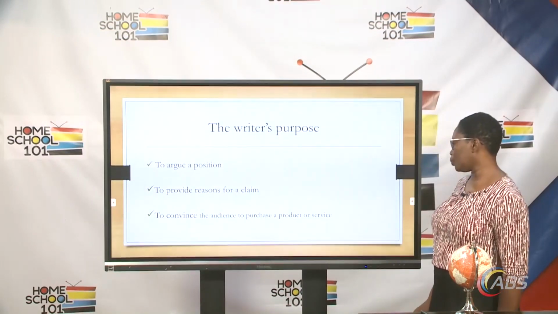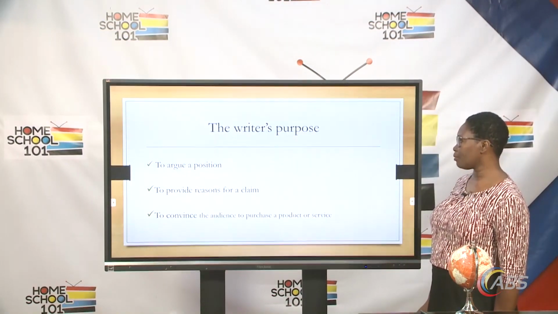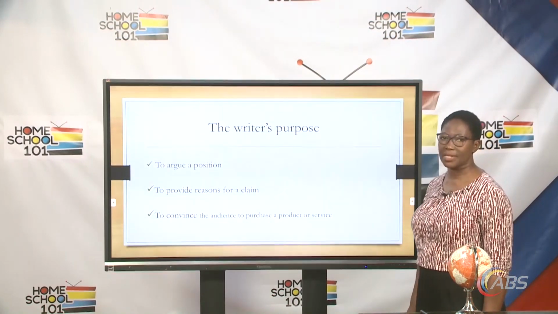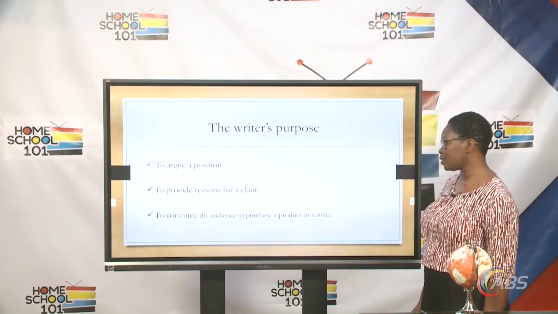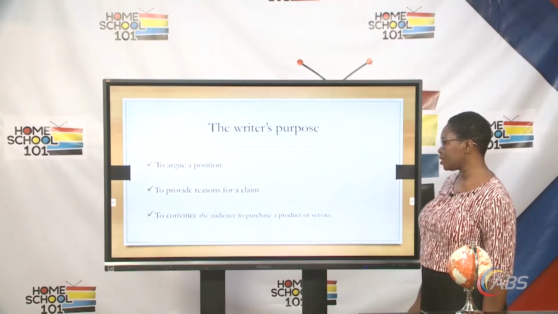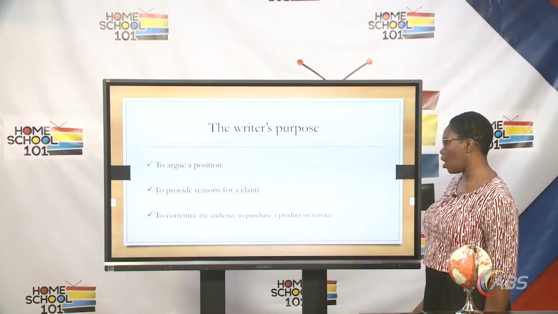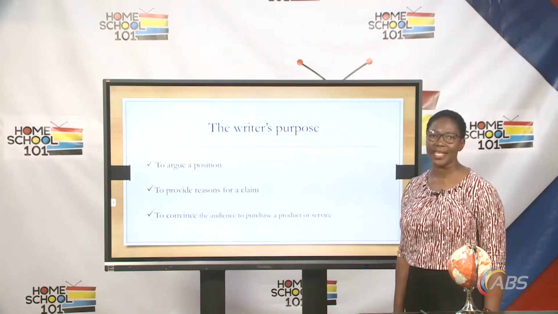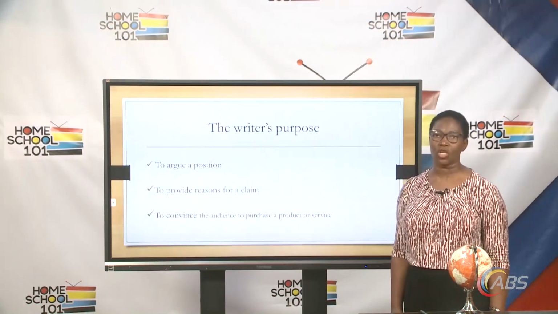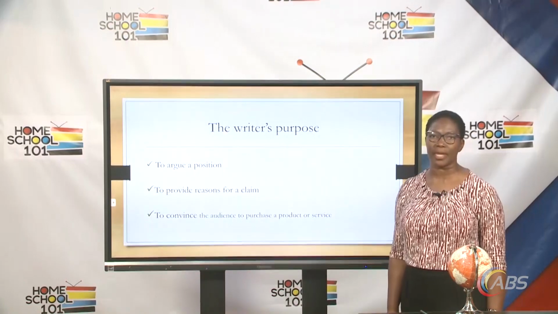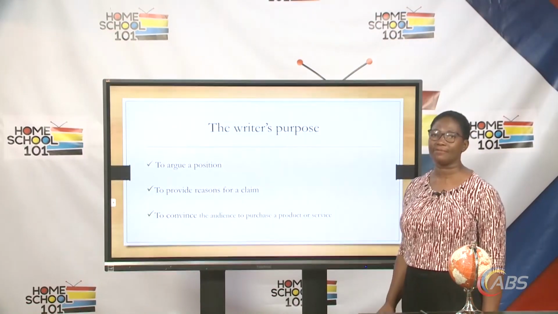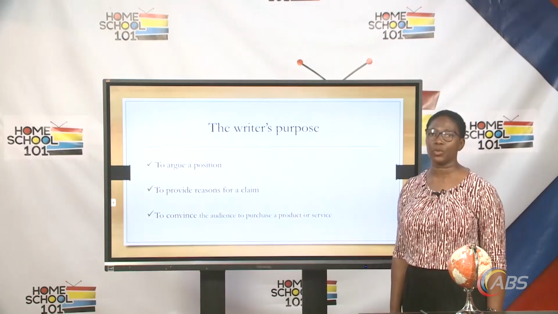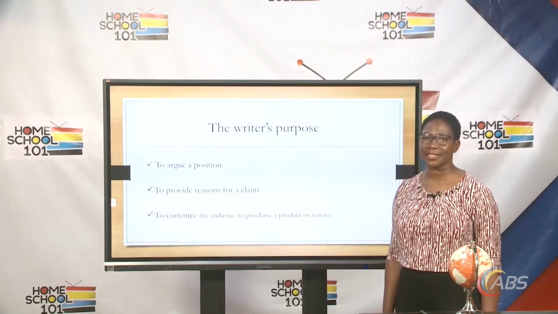Okay? So, you have these 3 elements that will tell you that the writer's purpose is to argue a position, to provide reasons for a claim, and to convince the audience to purchase a product or a service. So when you're reading your argumentative text, you have to read carefully to determine the writer's purpose. And if it falls into any one of these 3 categories, then you know that this is argumentative writing.